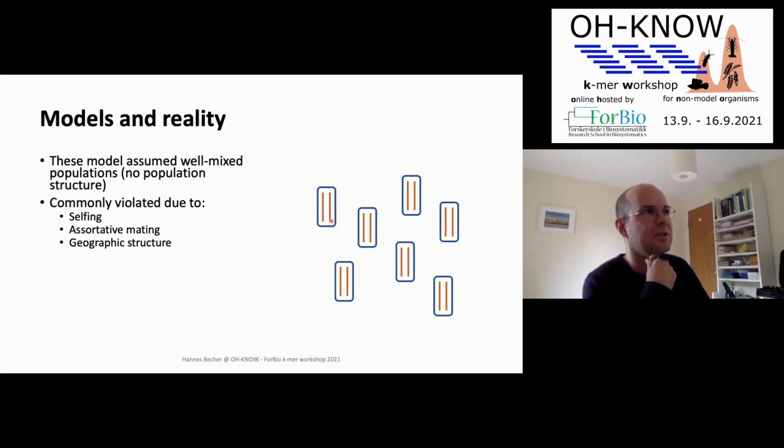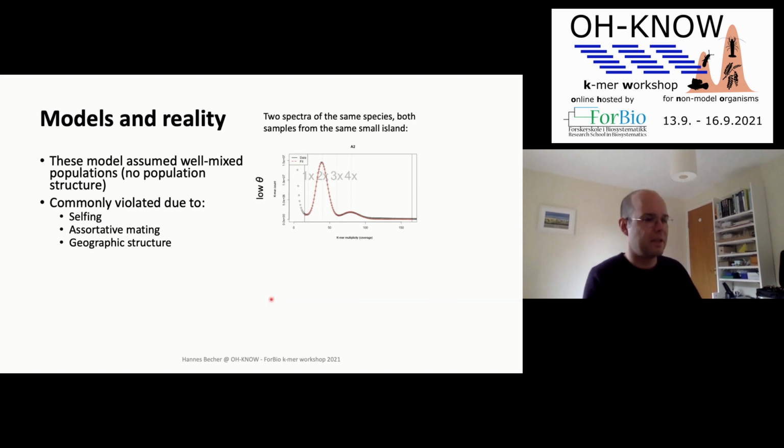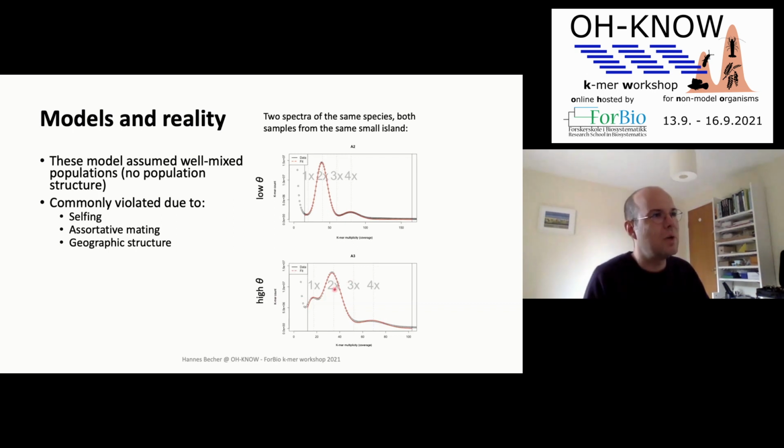Often you find that these two genomes here within one diploid are more similar to one another than one genome from this diploid is to one genome of that diploid. And that affects what K-mer spectra look like and what the fits look like. So these here are two allo-tetraploids. It's the same species from the same small island.